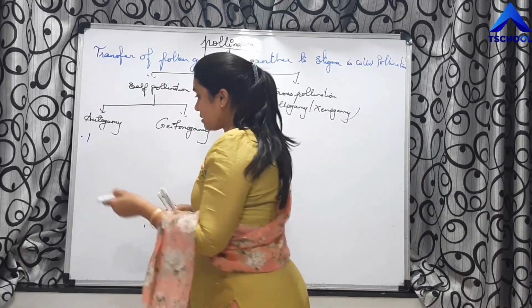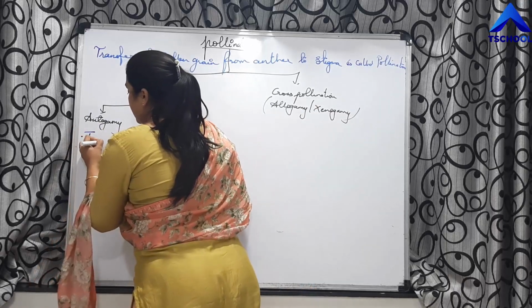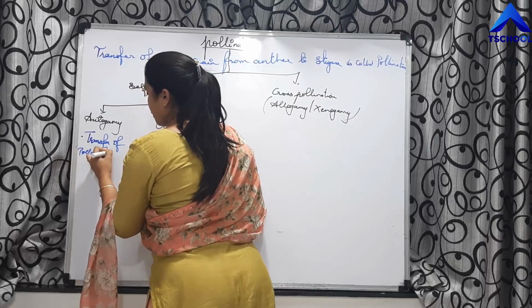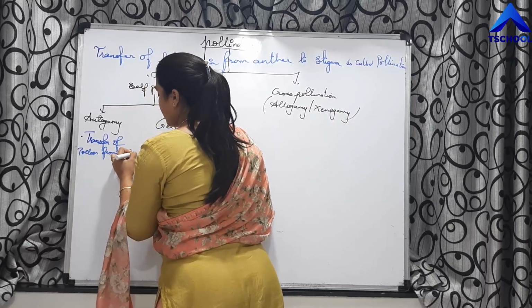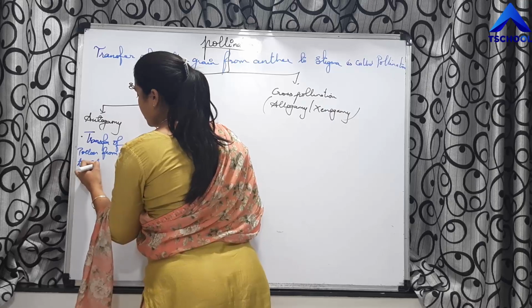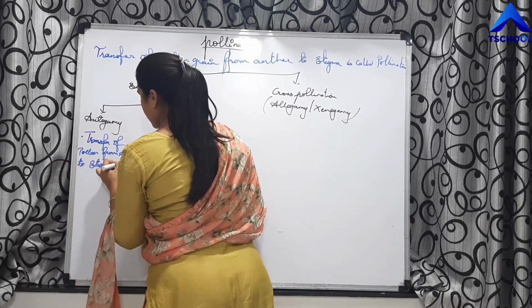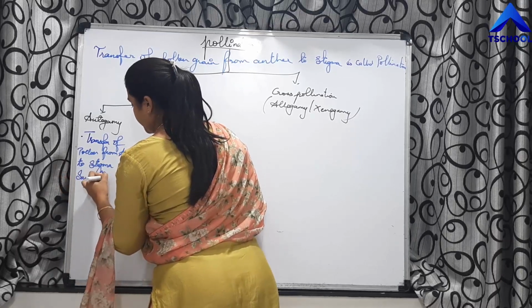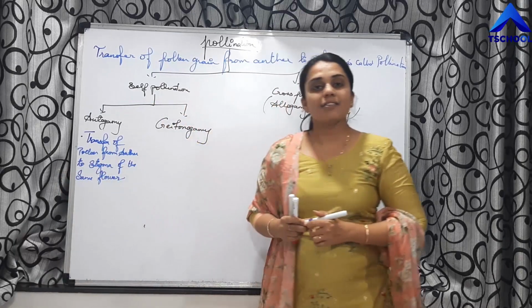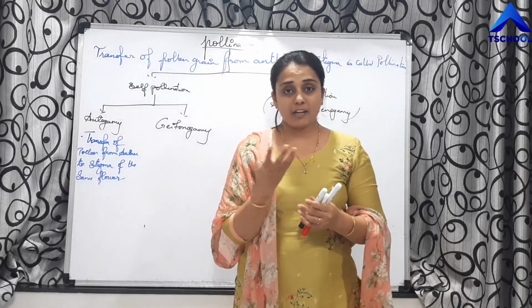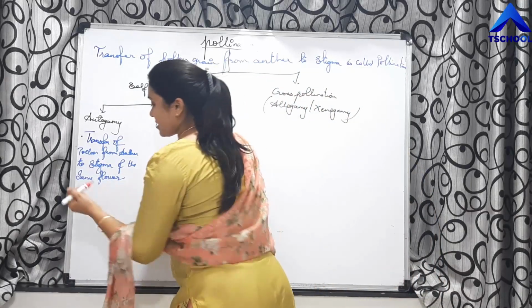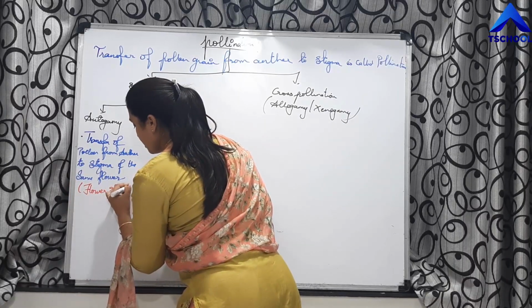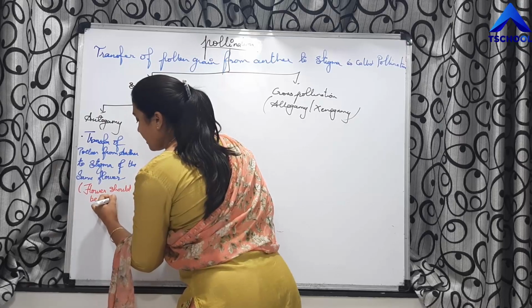What is autogamy? Transfer of pollen from anther to stigma of the same flower is called autogamy. So this is a single flower. For this, what is the condition which is necessary? The flower should be a bisexual flower.